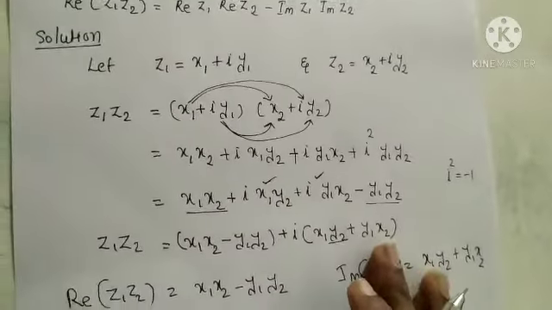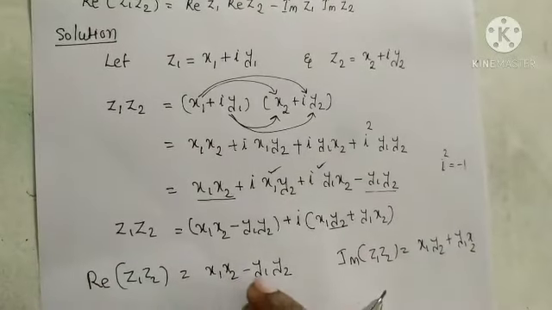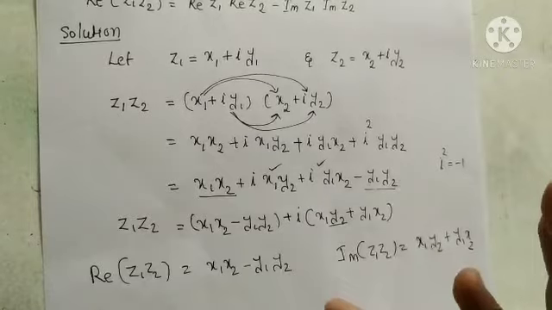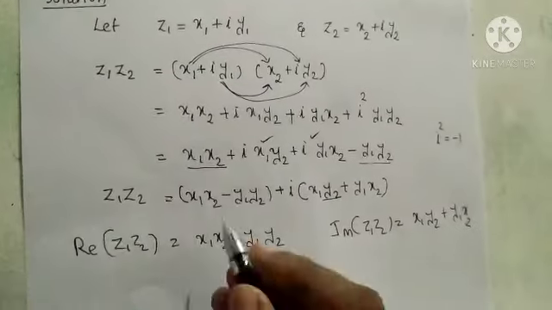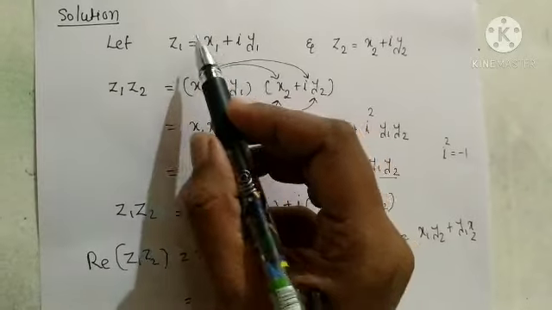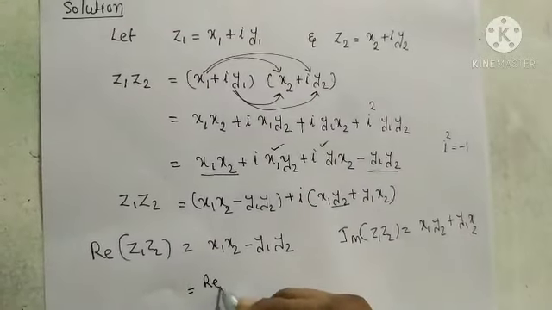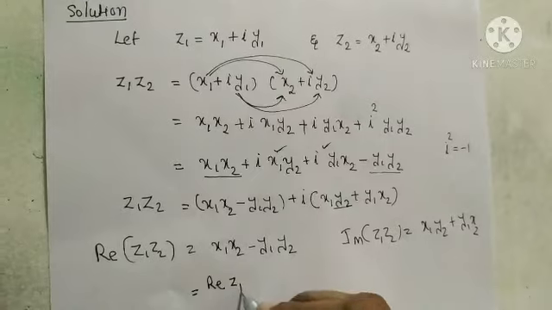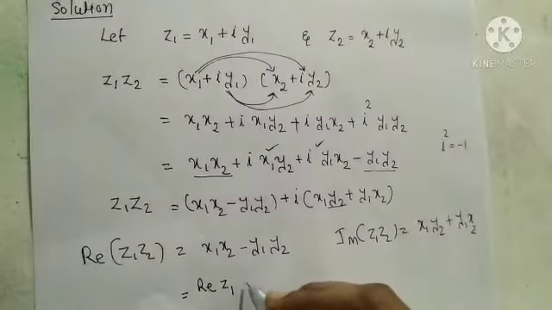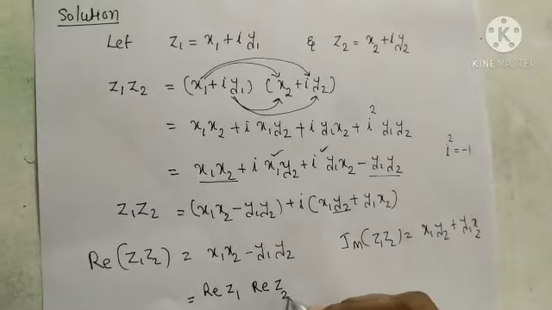So next I am going to convert this x1 x2 and y1 y2 into real part and imaginary part components. So x1 is the real part of z1, right? So I am going to replace this x1 by real part of z1, and x2 is the real part of z2, so I replace this x2 by real part of z2.